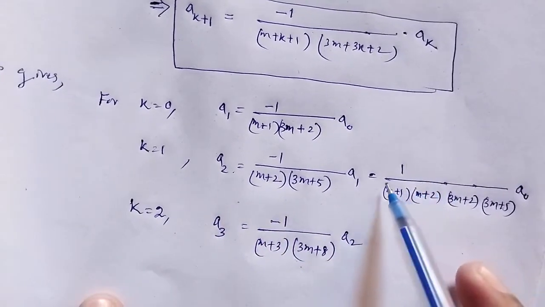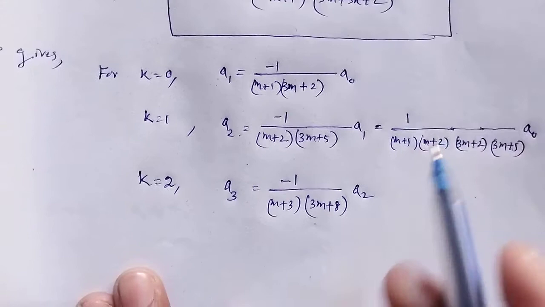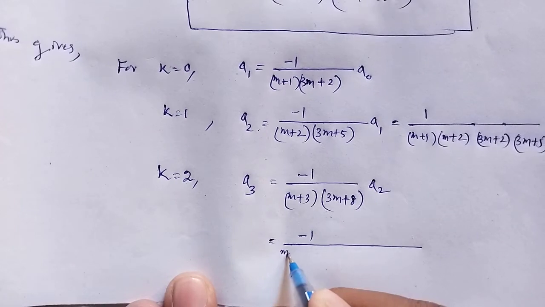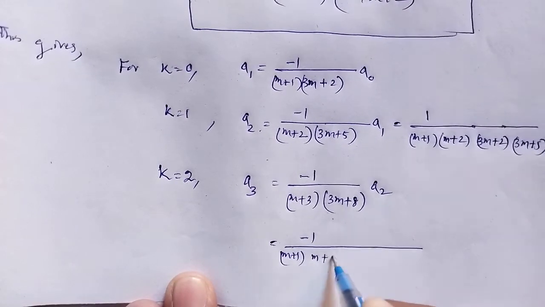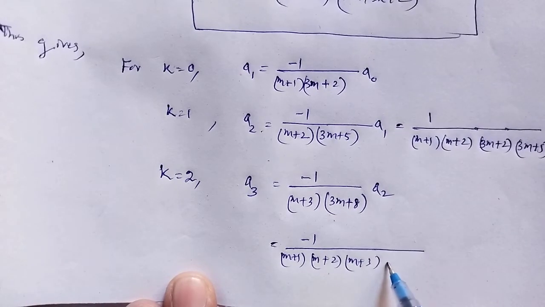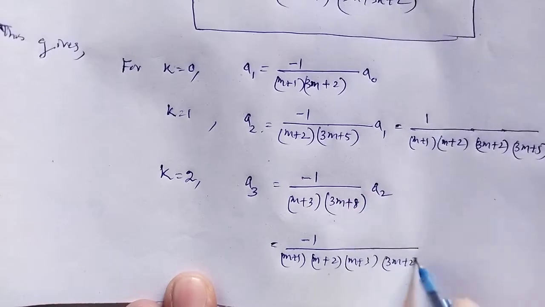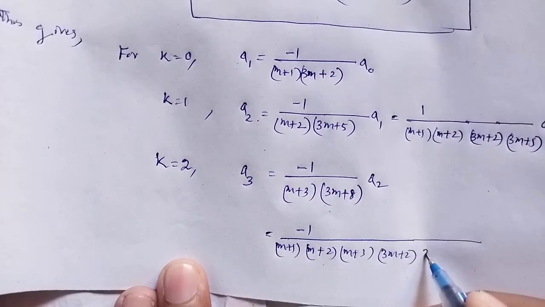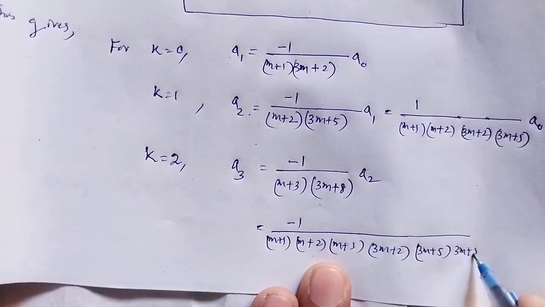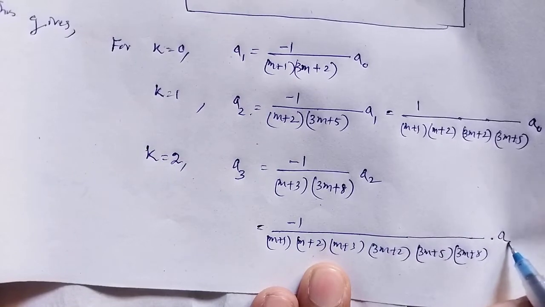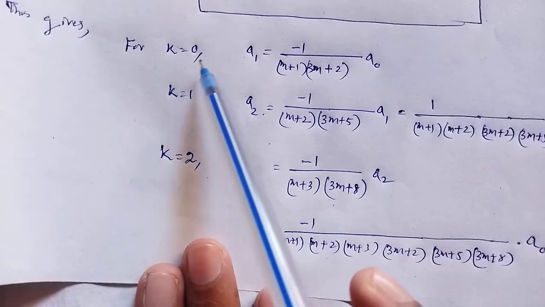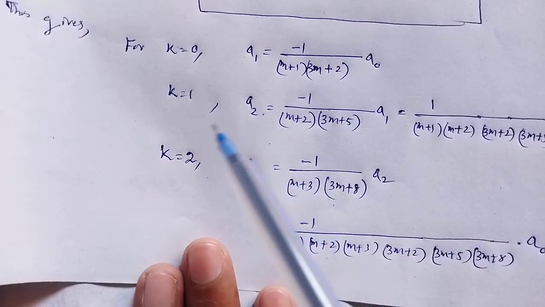Again putting the value of a2 here, we have minus 1 divided by m plus 1, m plus 2, m plus 3, 3m plus 2, 3m plus 5, 3m plus 8 of a naught, a1, a2, a3 by putting k is equal to 0, 1 and 2.